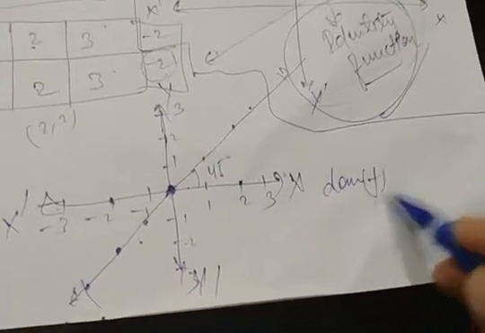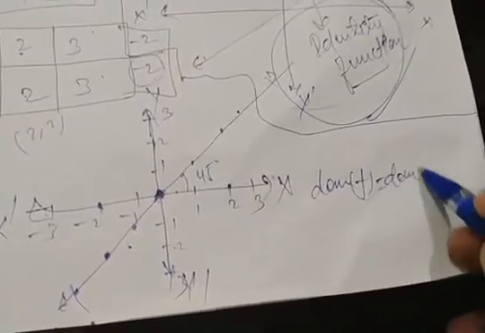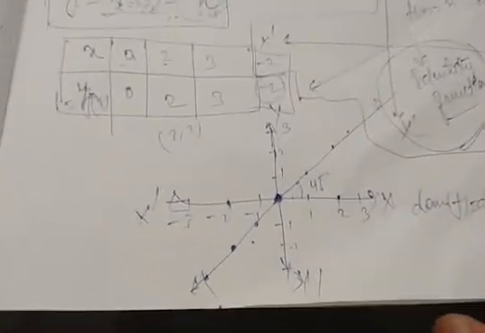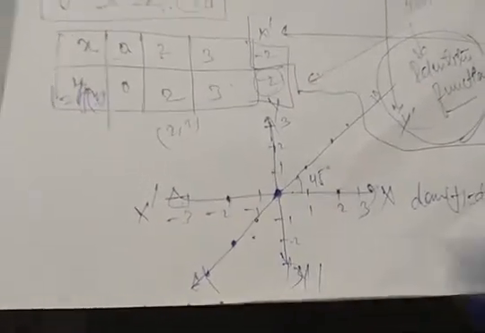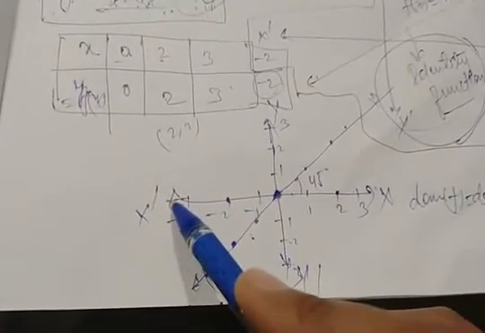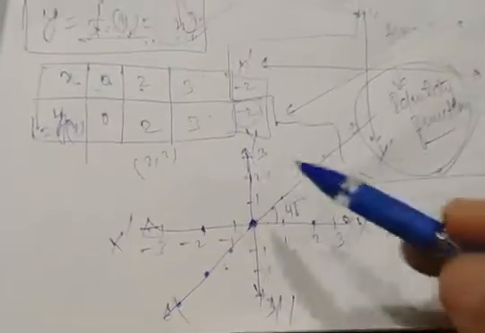Let's take the domain of the identity function. First of all, one important thing is clear: we take the domain on the x-axis and we take the range along the y-axis on the graph.